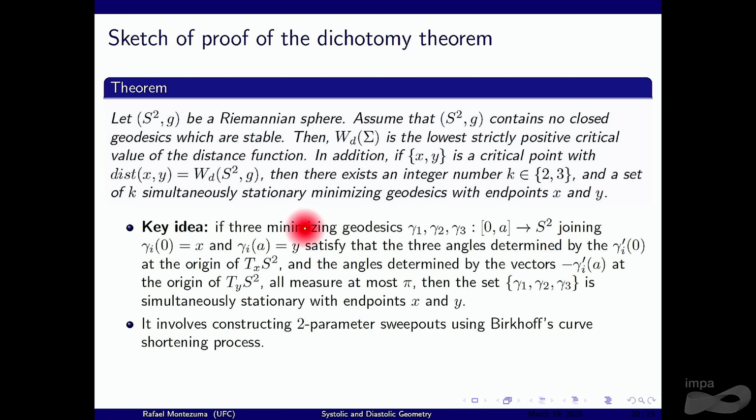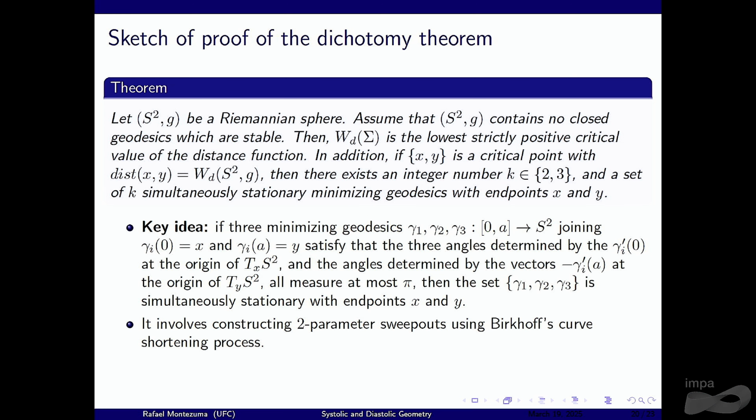If you have 3 minimizing geodesics connecting these 2 points, x and y, which realize the width, and they satisfy that the angles of the speed vectors at the origin, say at the origin of the tangent space of x, they all make angles which are at most pi, and the same thing at y, at the tangent space at y, then this set must be simultaneously stationary, because otherwise you can construct a sweep out which would be better.